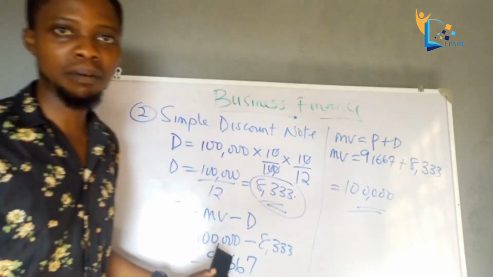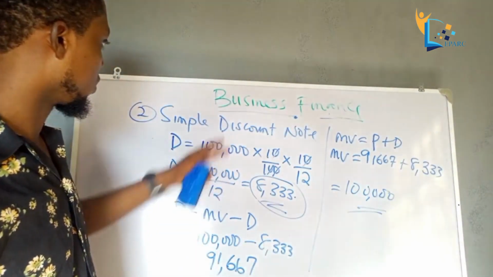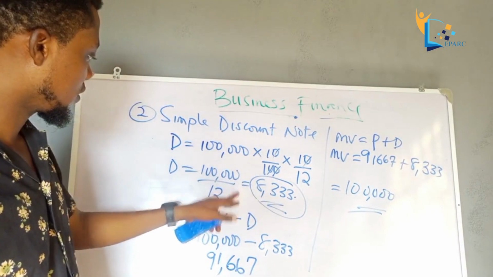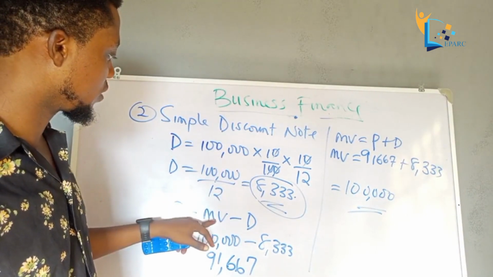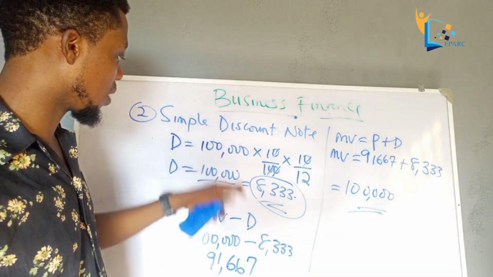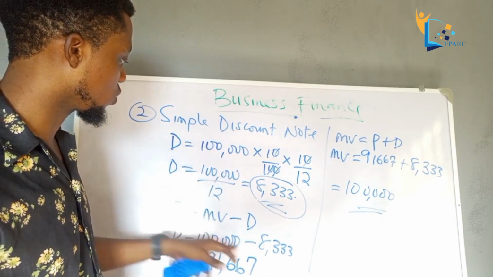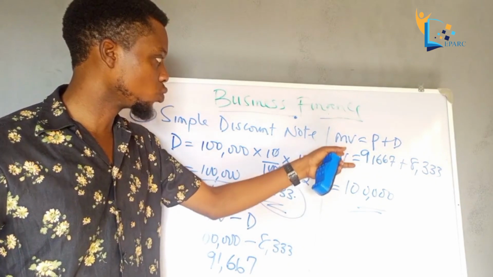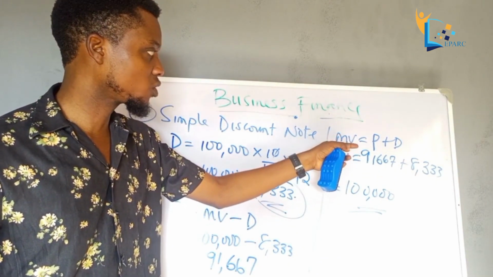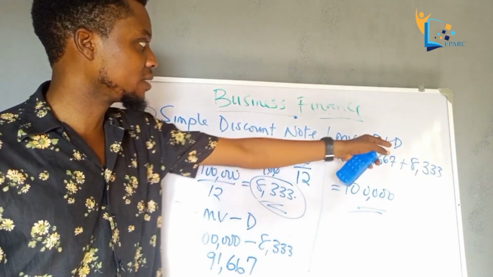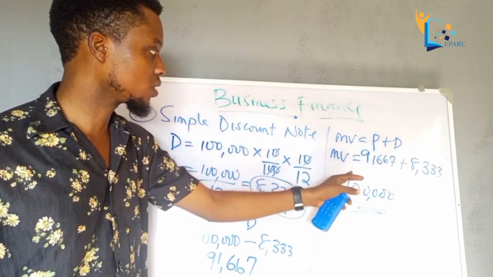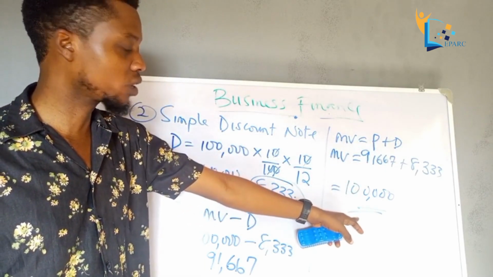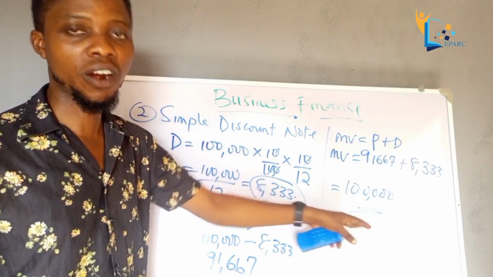So this is a typical example of what we're talking about. The simple discount note, we got this. Then to get our proceeds, the maturity value, which is this amount, minus this simple discount note, and we got 91,667. In the same way, we want to know what the maturity value is. We do that by adding the proceeds plus the simple discount note, which will also give us 100,000 naira.